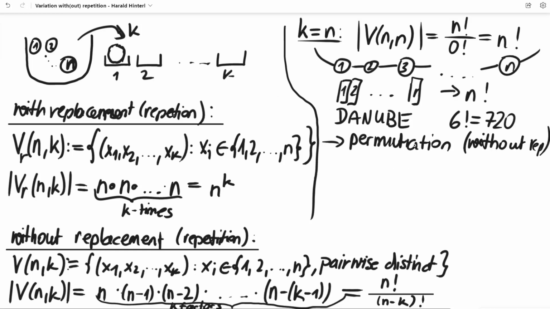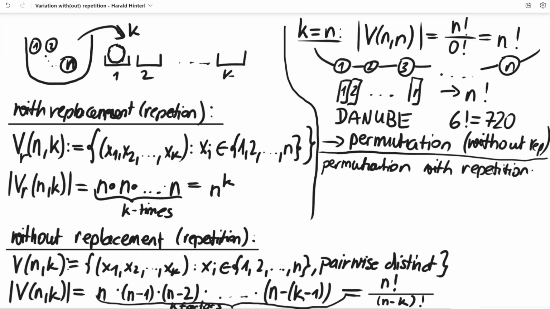So I had to create some space here because I also want to have a look at the last special case. It's the permutation with repetition. This actually has nothing to do with these variations right now, and that is why we look at this just by using an example. We consider another river, not the Danube.